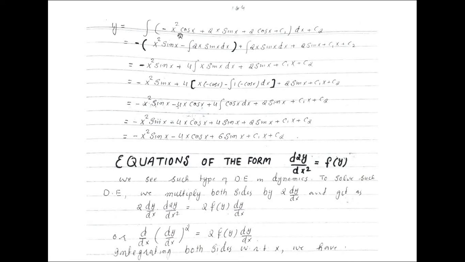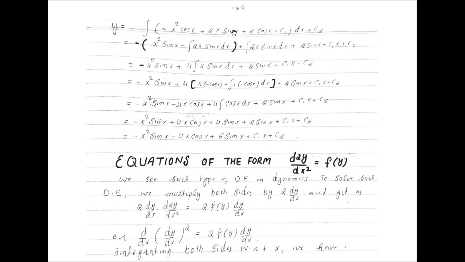So first function integral of cosine is sine x, derivative of x square is 2x, integral of cosine is sine x. Now here we have two functions, so integrating by parts, this 2 will be here, integration by parts, and integral of cos is sine x, integral of c1 is c1x and this c2 which is constant of integration we placed here.